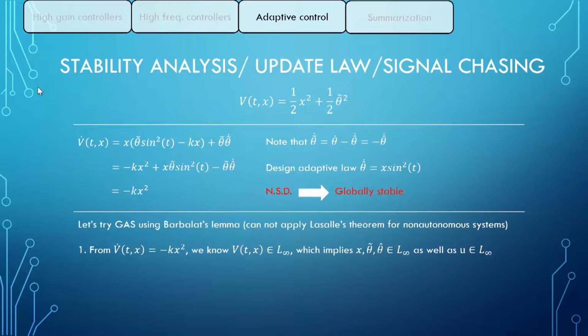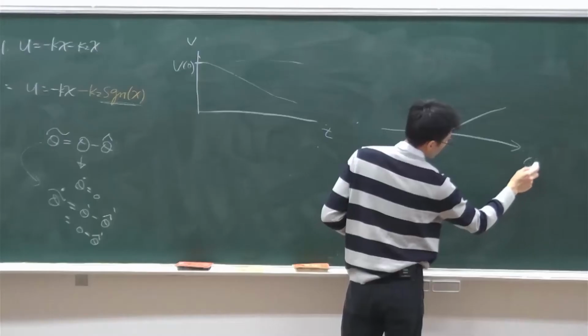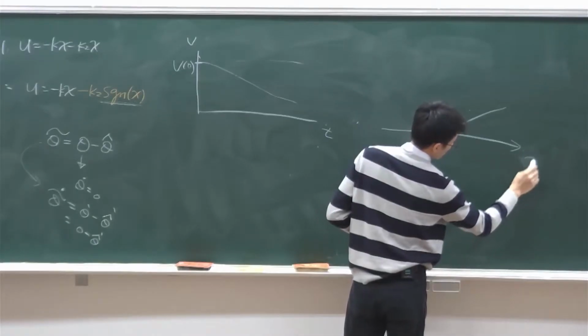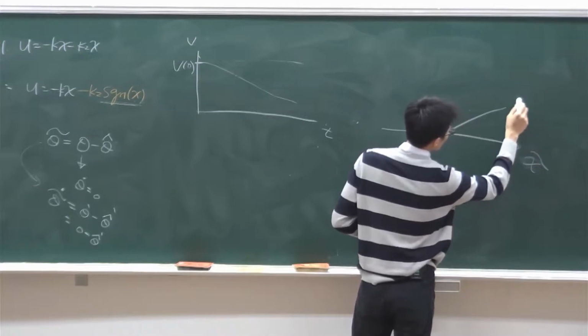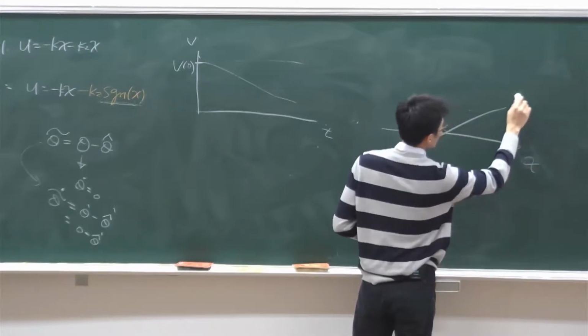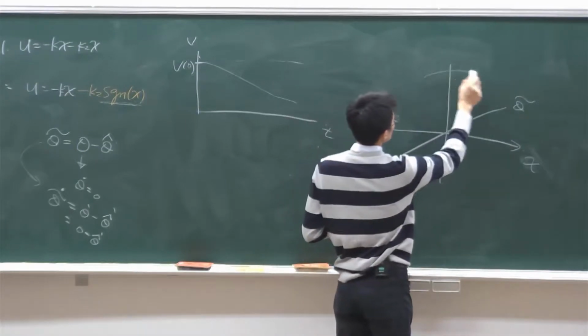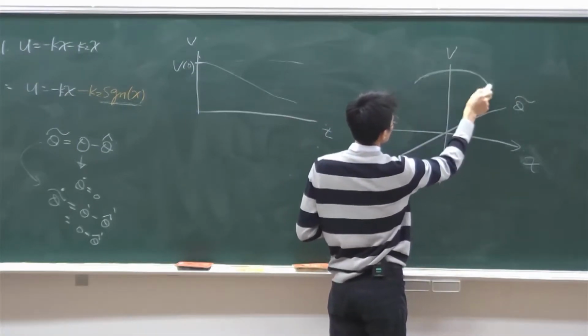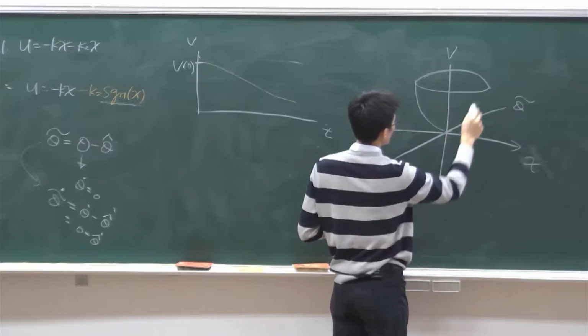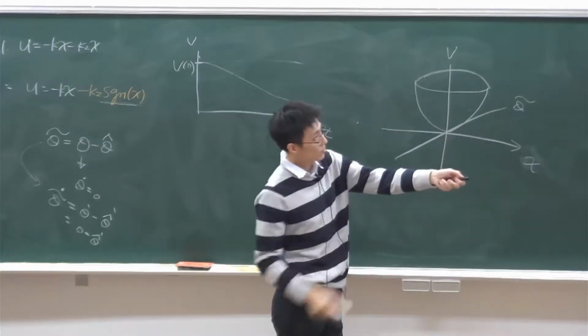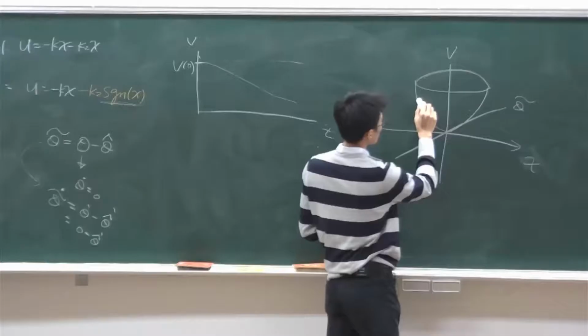The best way to visualize this is using a 3D plot of x and theta tilde. We know v is PD, and we say v is bounded.